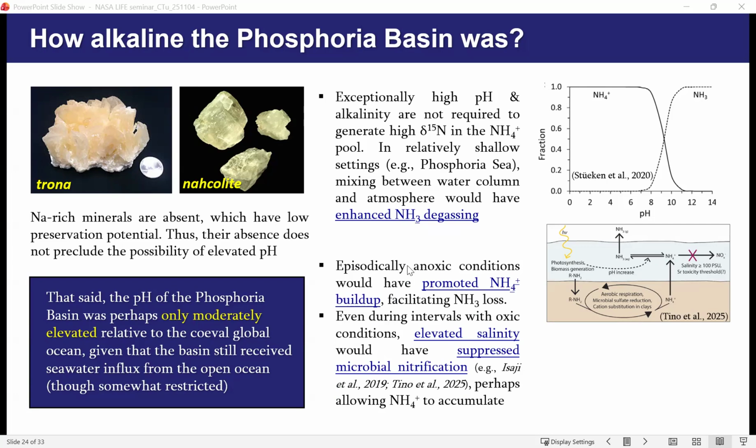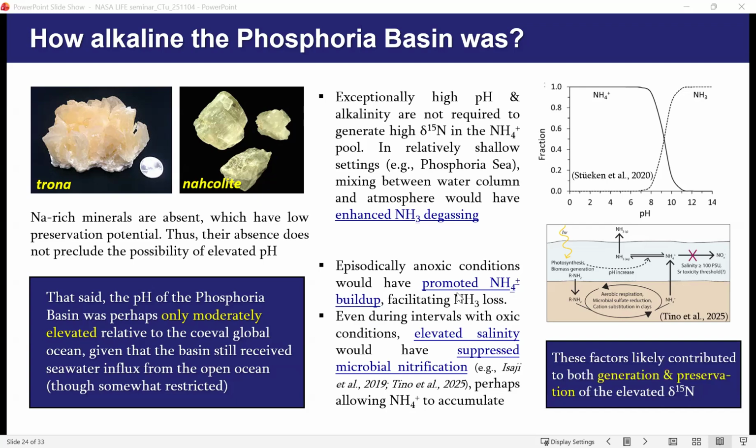Even during intervals with oxic conditions, which I will talk about later, elevated salinity would have suppressed microbial nitrification, perhaps allowing ammonium to accumulate in the water column. So collectively, these factors likely contribute to both generation and preservation of the elevated delta 15N signatures.